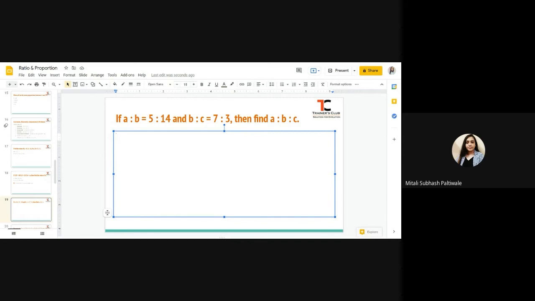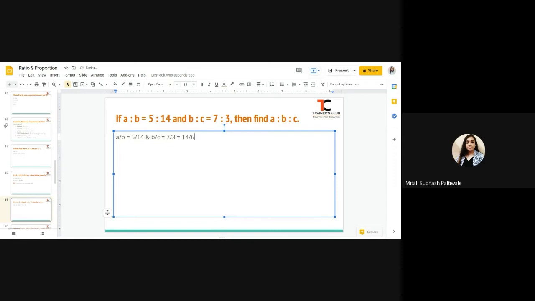As in, we will be doing one thing. A and B are already 5 is to 14. So now let's make this B as 14. So A by B is equal to, now these are the fractions. Now let's make this as 14 by 6.